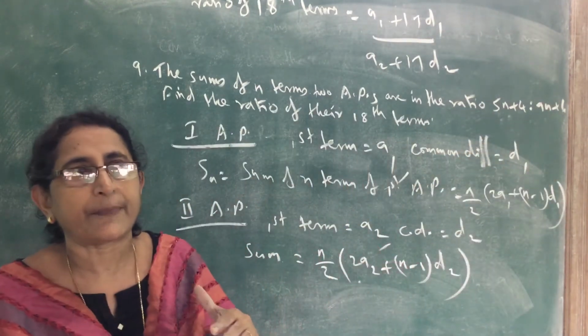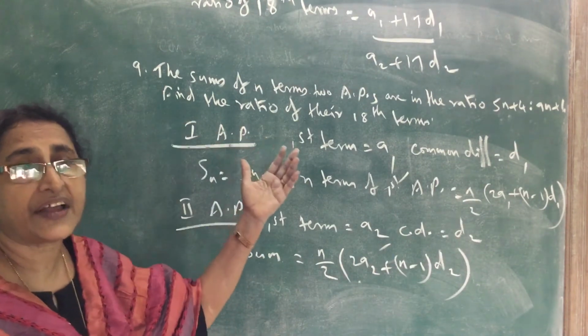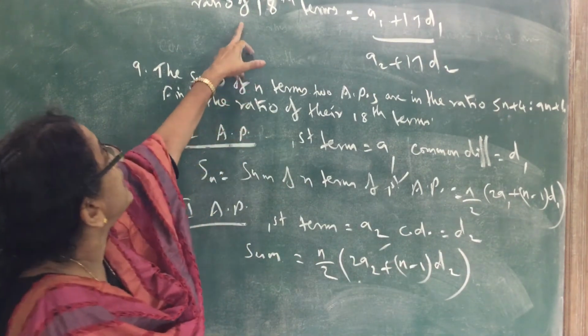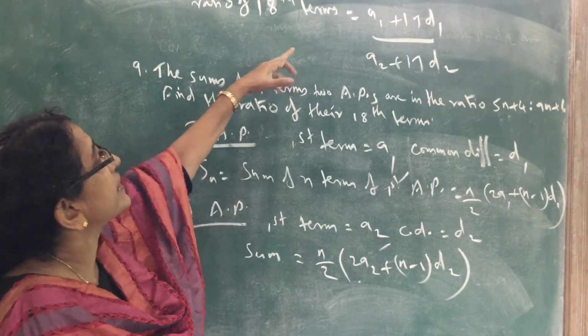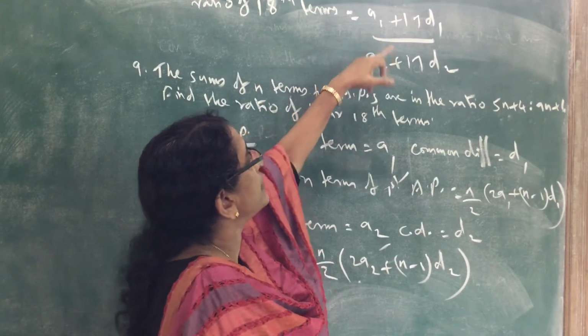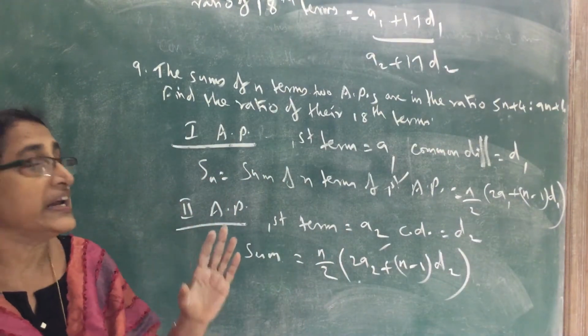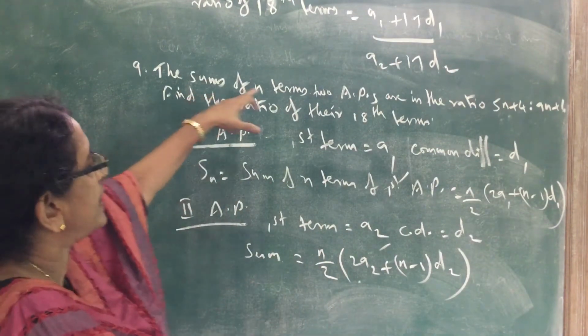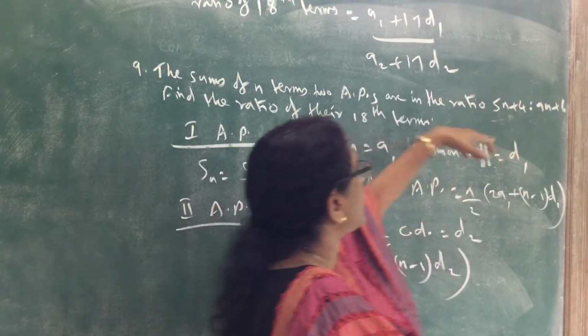Using that, we want to find the ratio of the 18th terms of the two APs, that is, the 18th term of the first AP divided by the 18th term of the second AP.